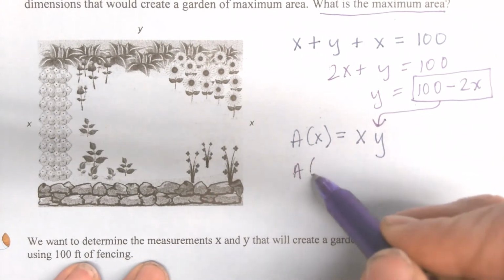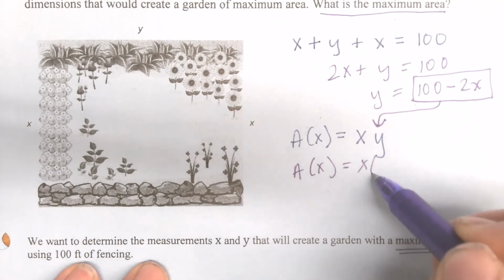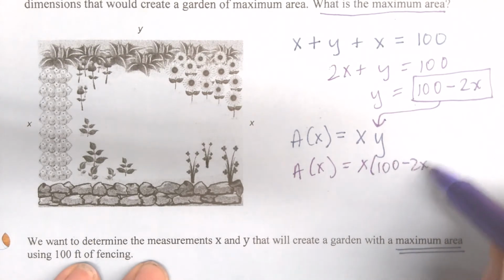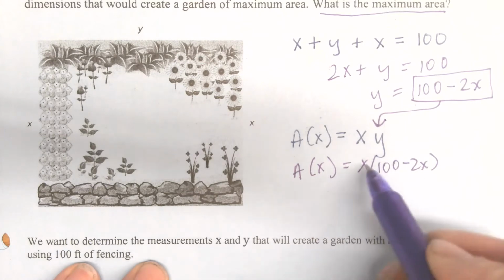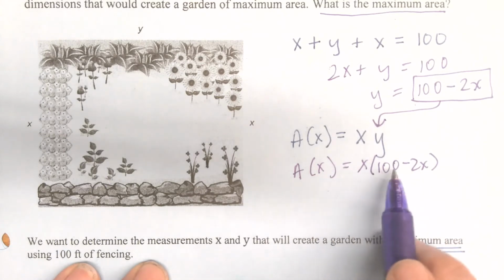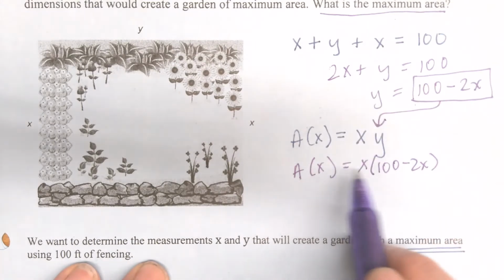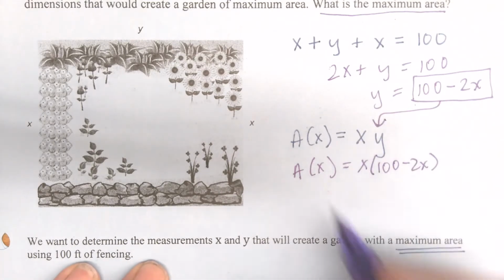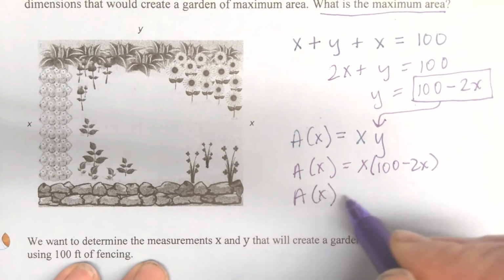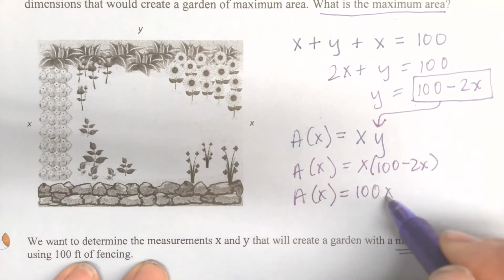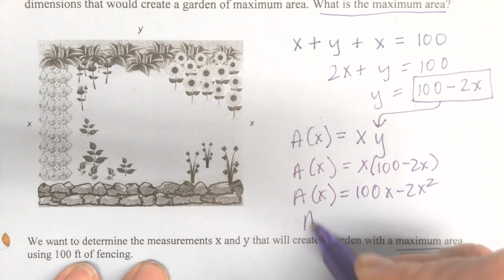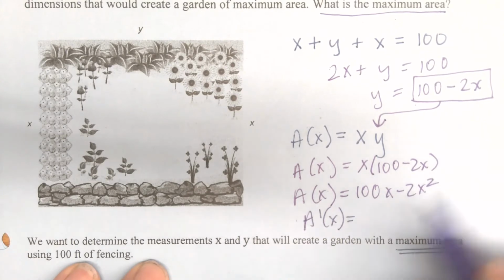My A of x is now x times (100 minus 2x), and when I take my derivative, I could either use the product rule, or I can distribute this first. I'm going to distribute it first. So A of x is 100x minus 2x squared, and A prime is what I want to solve here. So I get 100 minus 4x.